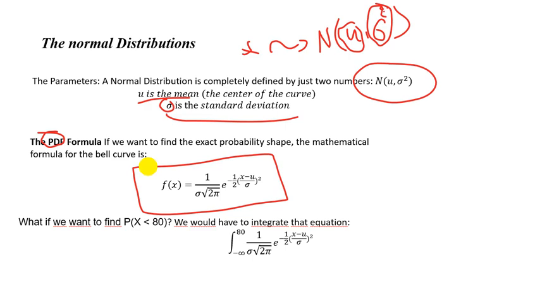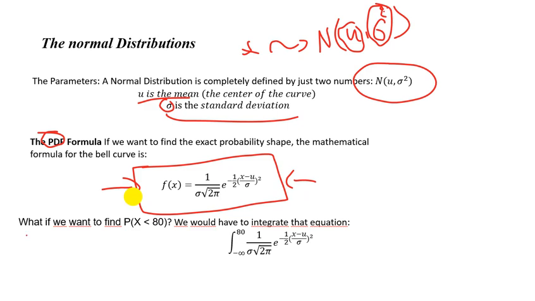So f(x), the probability density function of a normal distribution, is 1 over sigma times the square root of 2 pi, times exponential of minus a half of ((x minus mu) divided by the standard deviation) squared. So this is the formula, but please don't worry because you are not obliged to memorize this. I gave it just as information.